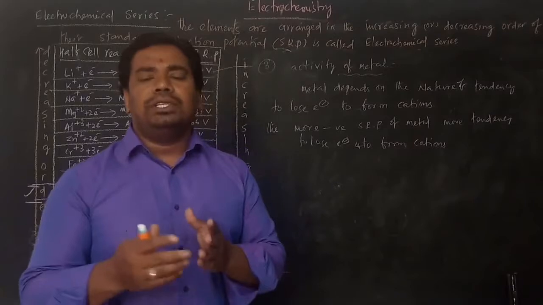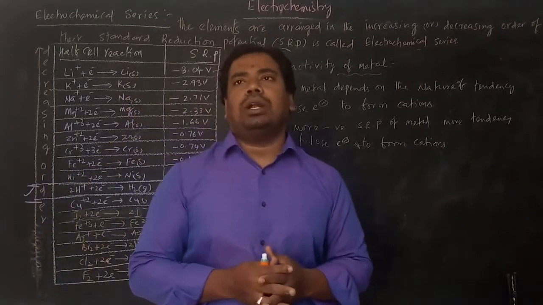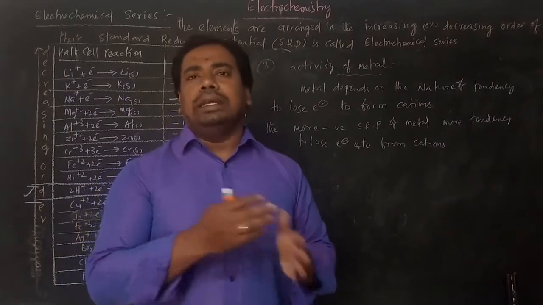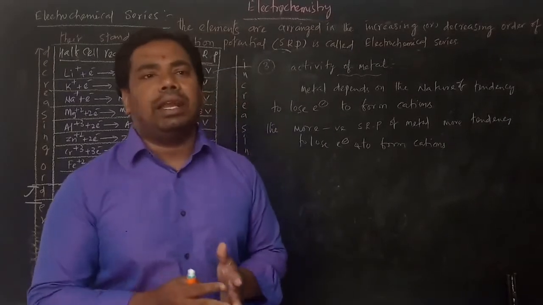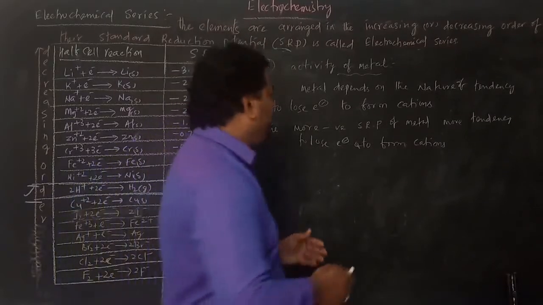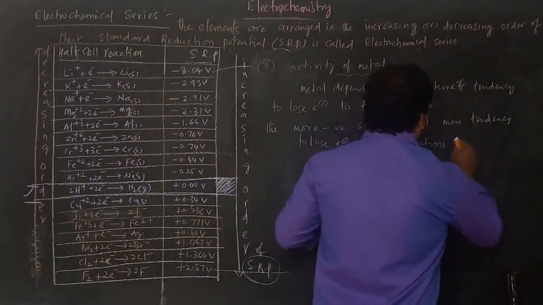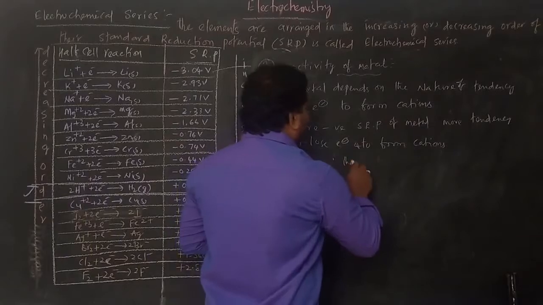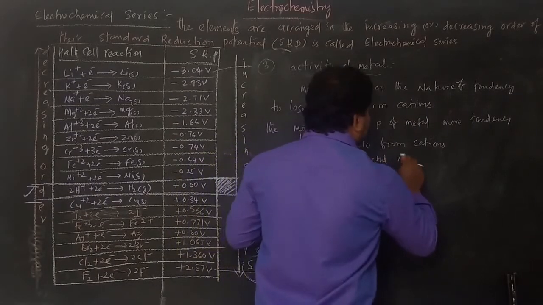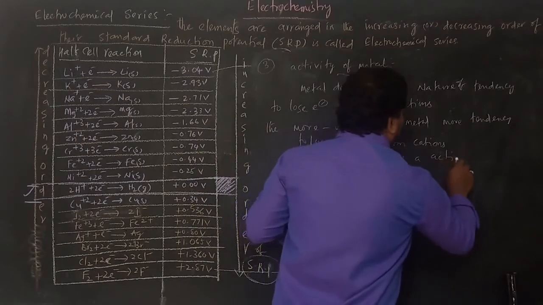The metal with more negative standard reduction potential undergoes loss of electrons easily to form its cation, therefore the activity of the metal is more. Therefore, such a metal is an active metal.